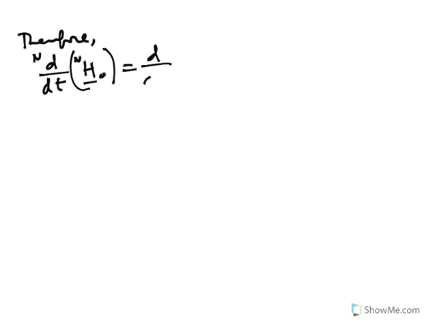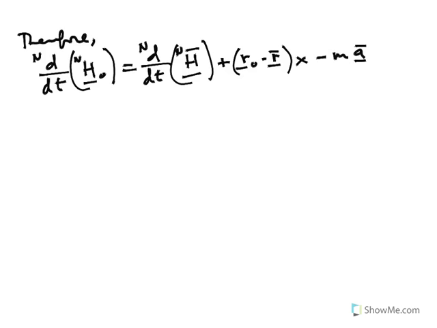So therefore, we obtain that the rate of change in N of HO in N is equal to the rate of change in N of H bar N plus RO minus R bar crossed with minus MA bar in N. That's what's left.